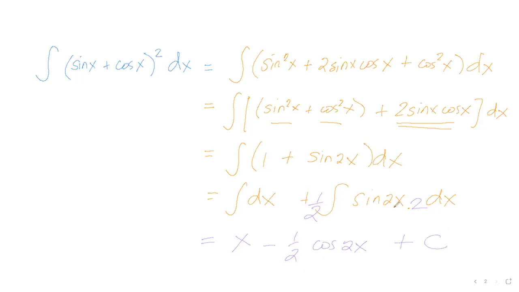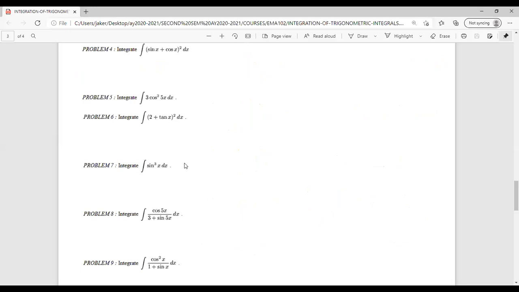This one will have a direct integral as long as the derivative of 2x is complete. That is why we introduced the 2 and placed here 1/2. So this is your answer for that particular integral. Let me go back to that part. If you have any question, just butt in, just ask.